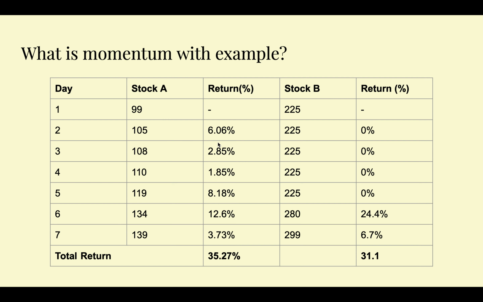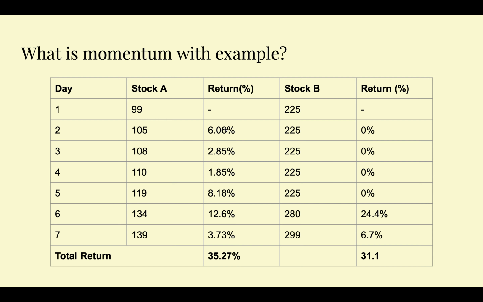So coming to the point, which stock has given a good momentum? Obviously stock A has given good momentum because stock A's total momentum is 35.27% and stock B's is 31.1%. But don't judge stock B as having given no momentum for 5 days. It gave 24% on a single day and the remaining 6% on the seventh day, so it also gave a good momentum.